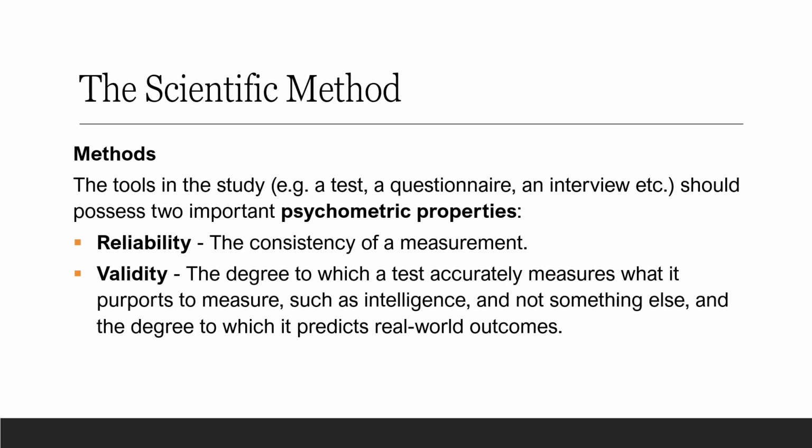If today you appear that you're extroverted, but tomorrow you are introverted, then we can say that there's something wrong with the tool. It is not reliable. The answers of the people change quickly. We do not want that kind of measure. We want it to be consistent.